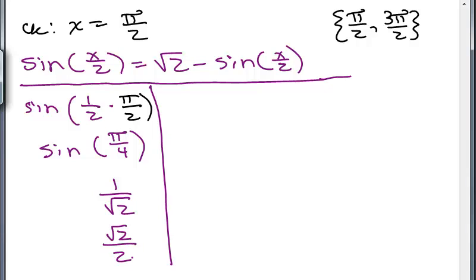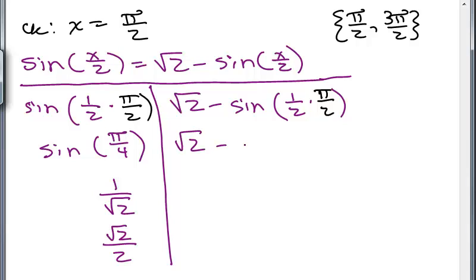Right, same thing. All right, what about the right-hand side? So we're again plugging in, I'm going to think of this again as 1/2 of x. So you have square root of 2 minus the sine of pi over 4. So I have square root of 2 minus, now what's the sine of pi over 4? Well, that's square root of 2 over 2. We just figured that out over here, right? So I'm going to write it that way.